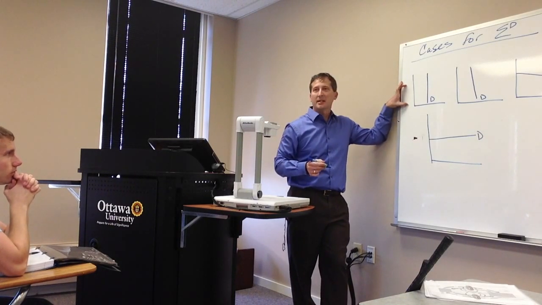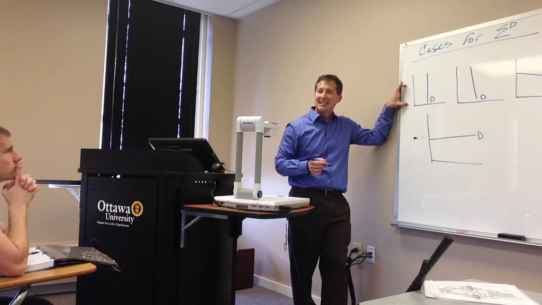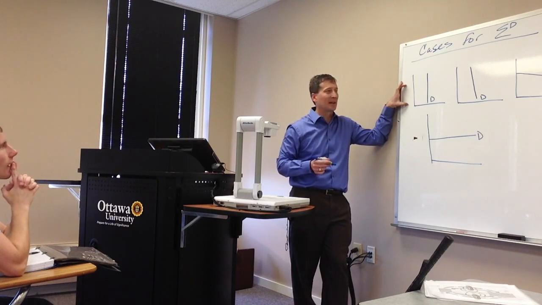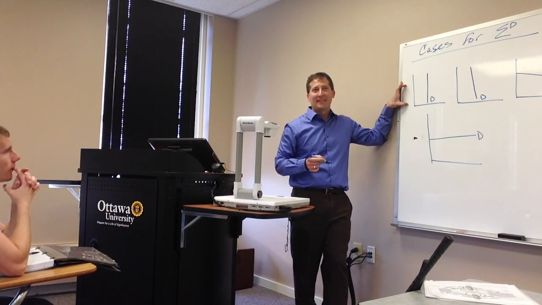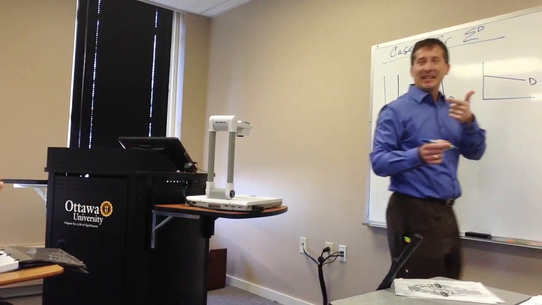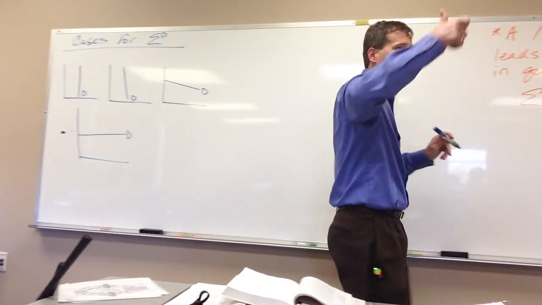Elasticity of demand for this one's equal to... Remember our extreme cases? What's at the two ends of the spectrum? Zero and infinity. So it's a coin flip. Which one's that one?